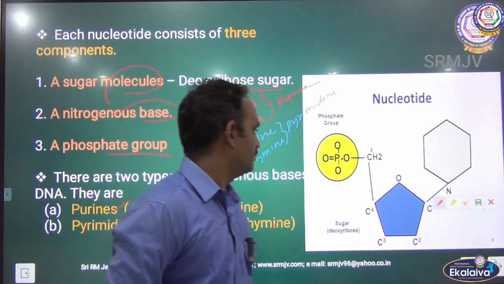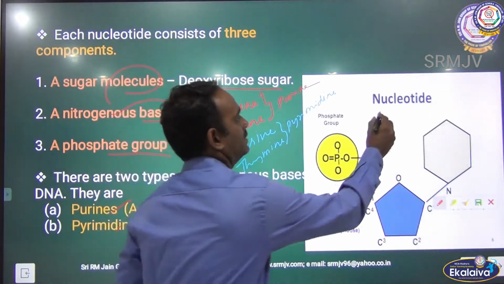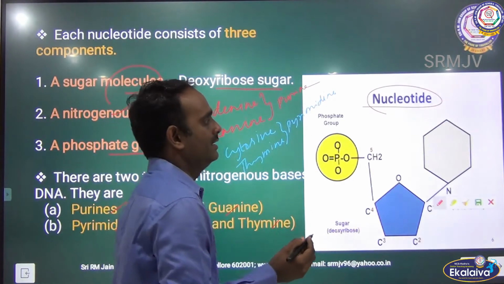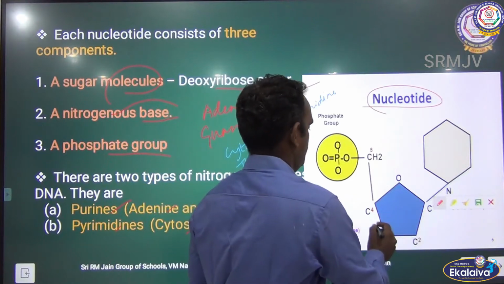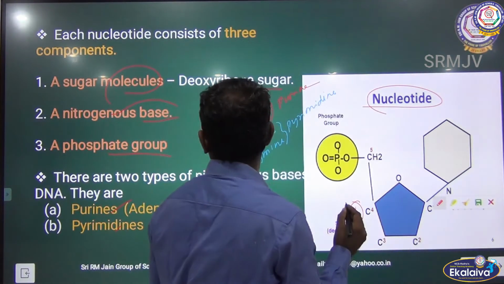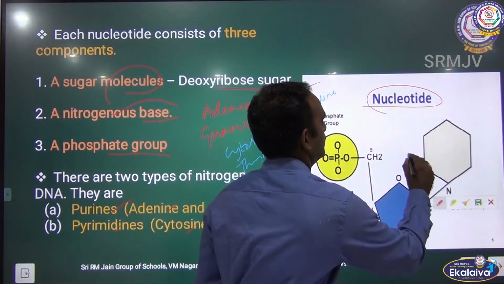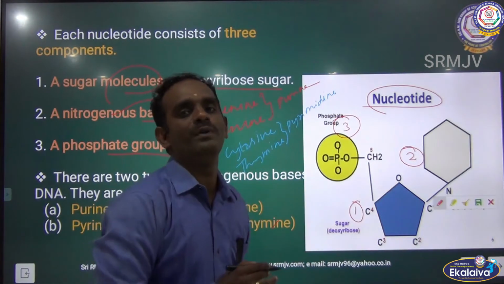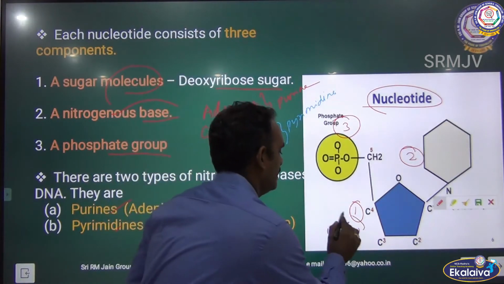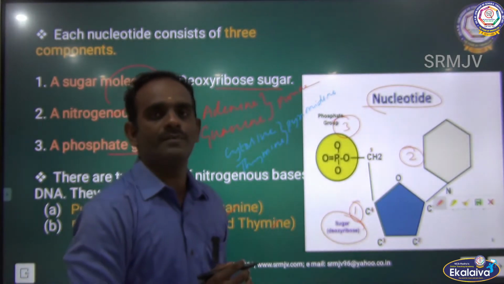See the structure of a nucleotide, children. This is a nucleotide. It has three components. One is sugar, the second is the nitrogenous base, and the third is the phosphate group. The sugar is always deoxyribose sugar.